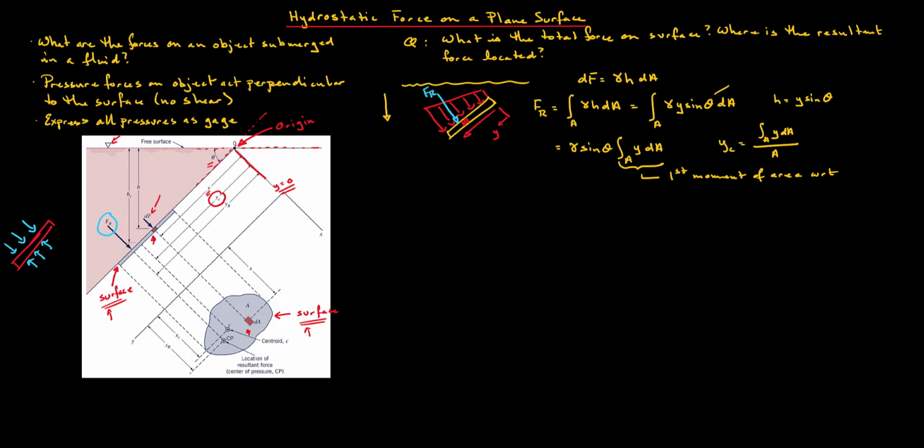It is equal to the integral of y dA divided by A. So we can express our resultant force as gamma sine theta multiplied by A and yc. So this is one form of this resultant force that we are seeking.